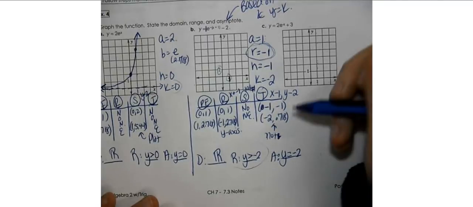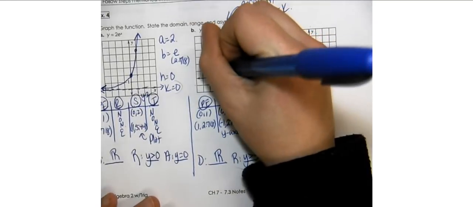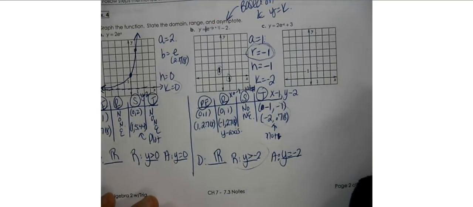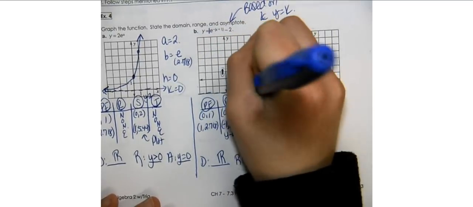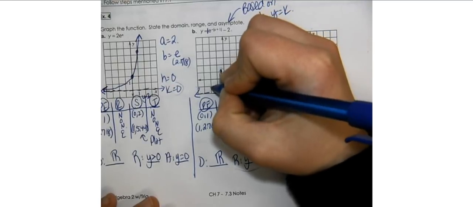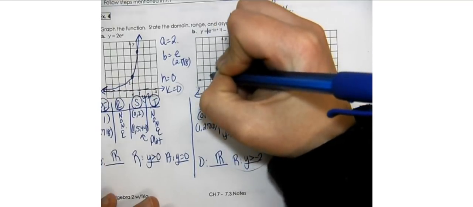So I'm going to plot y is equal to -2. Notice that our scale is going by 2s. You can make it go by 2s or you can make it go by 1s. I think based on the numbers that we have here, let's just make them go by 1s instead of going by 2s. It's not going to hurt anything. So I'm going to plot y is equal to -2 down here at the very bottom of our scale. And I'm going to plot -1, -1, and then -2, 0.718. So that's going to be almost at 1 up here.